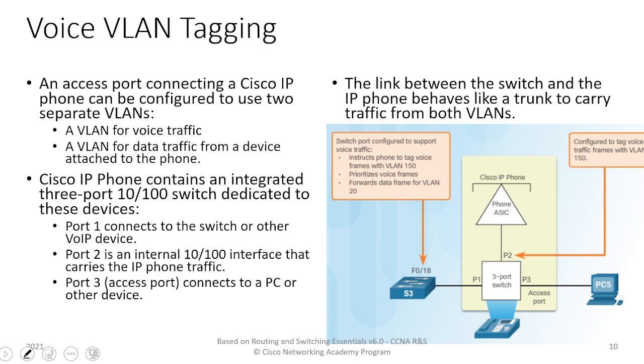Then the connection between the phone and the switch will function as a VLAN trunk, because it is already carrying traffic belonging to more than one VLAN. That is what we would have in a typical voice over IP phone and PC setup in many office environments.